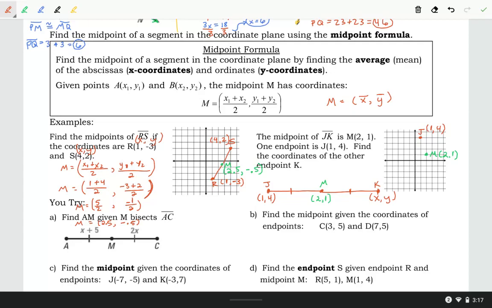So to get from 1 to 2, we had to go right 1. So we're going to go one more. 2 plus 1 is 3, so our X value is going to be 3.